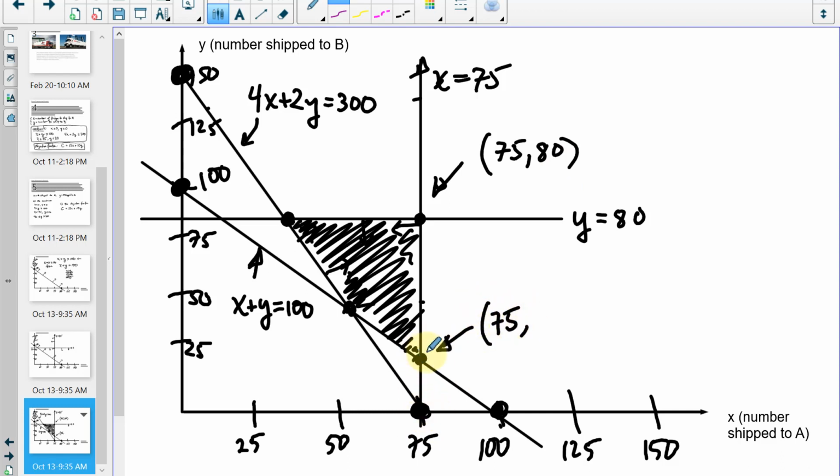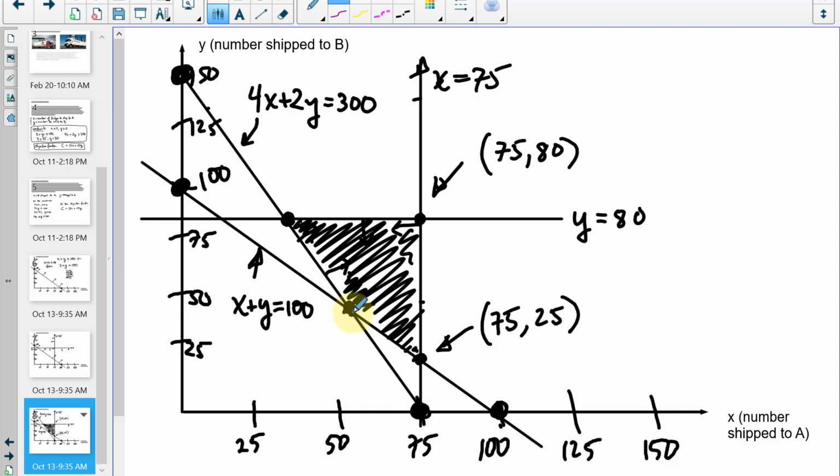And I also know that it is on this line right here that has x plus y equal 100. So if the x is 75, the y is 25. So all I'm doing is plugging 75 in for x because this has to be true also if you're at this point. So looking at a corner point, find the lines that intersect there and solve that system, and that's an easy one also to solve by substitution.